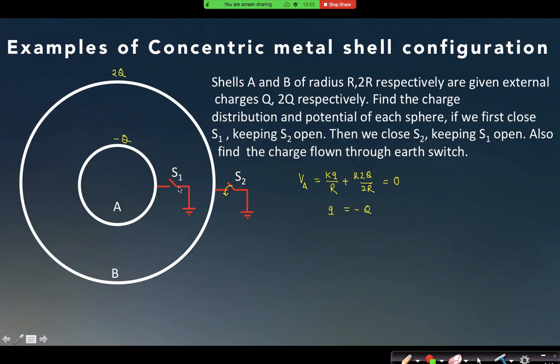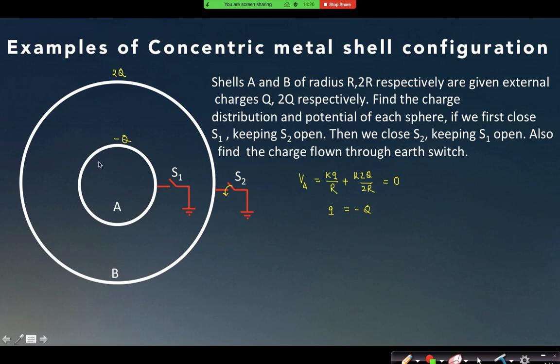Sir, in the first question, how much charge went through S1, minus 2q? Yes, the question was also asking to find the charge flown through the earth switch. In the first question, if I ask you what is the charge flown through the earth, what was the initial charge on the shell? Q. Yes, Q was the initial charge and now it is minus Q. So minus 2Q charge has been flown through the earth switch. Sir, but 2q charge has flown through the earth?